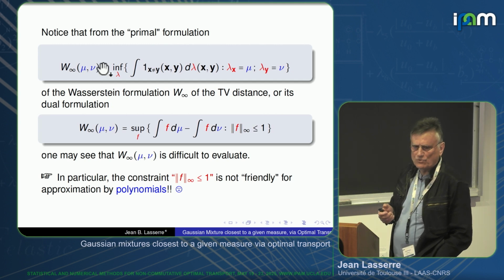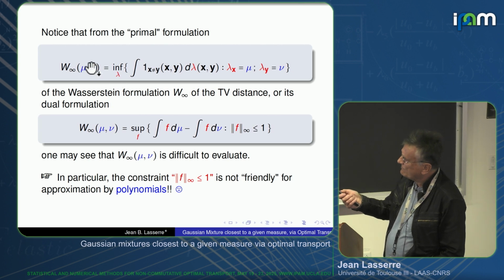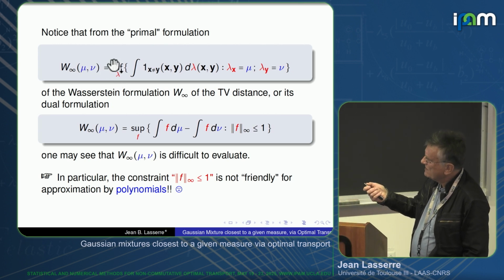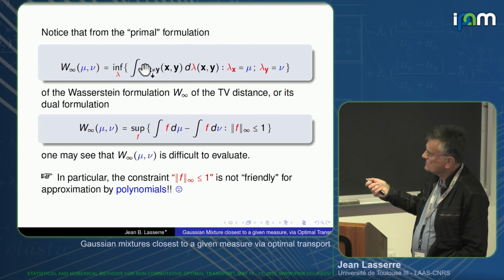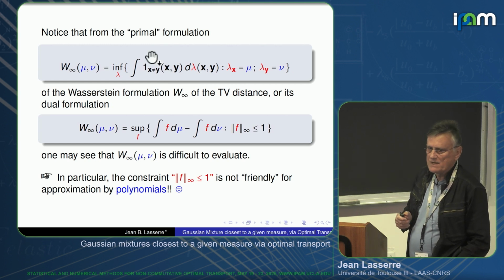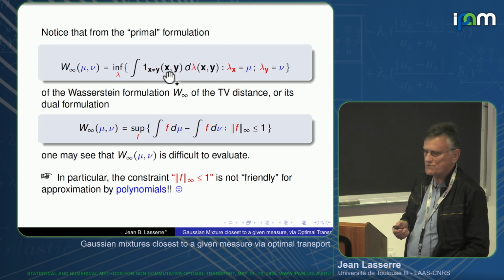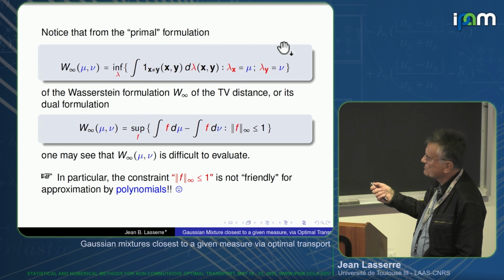To see why the total variation distance is difficult, if you have two measures mu and nu and you want to compute the total variation distance, which is also a W infinity Wasserstein formulation, you see that the cost is very nasty compared to the W2. It's a cost which is 1 on the diagonal and 0 elsewhere, okay, under the same constraints.